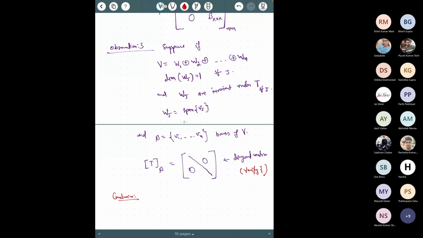And you can also see from here that the invariant subspaces of dimension 1 are of special interest, because they give us a way to find this basis.